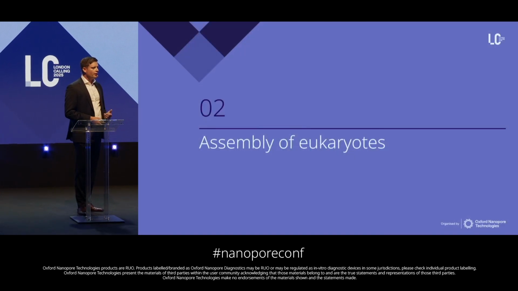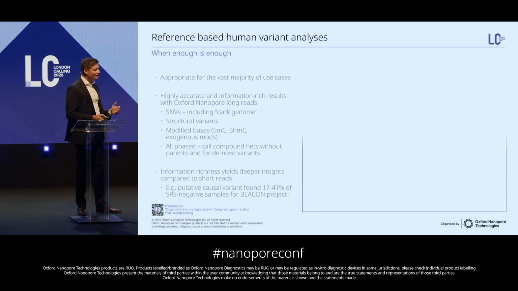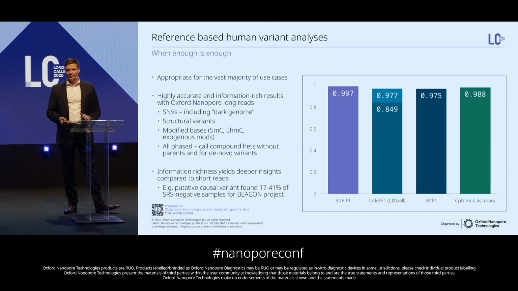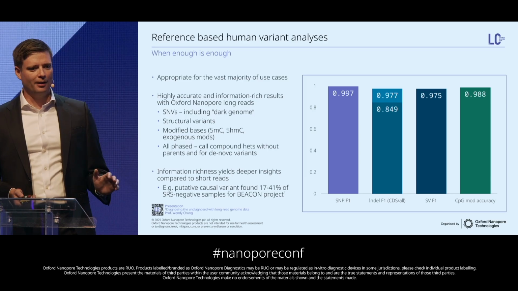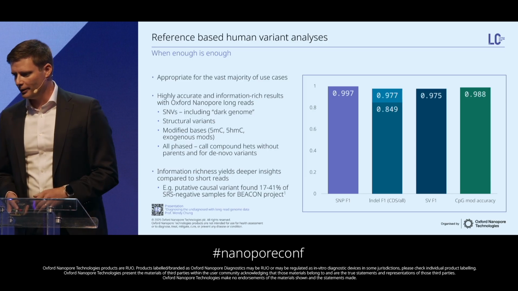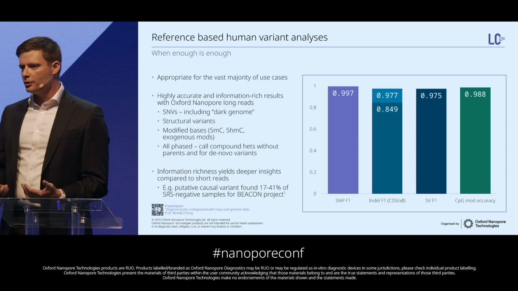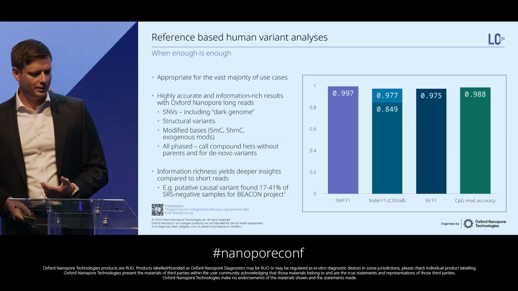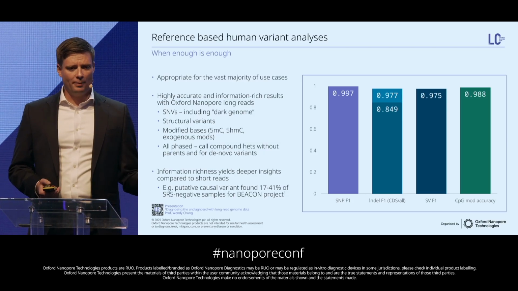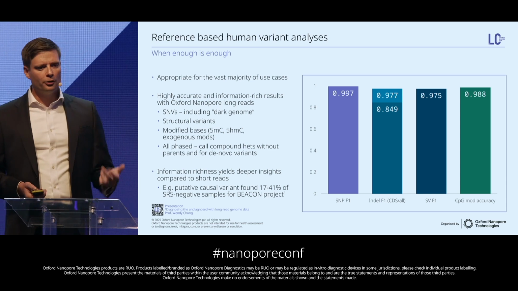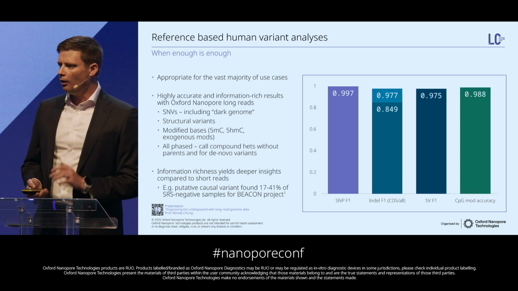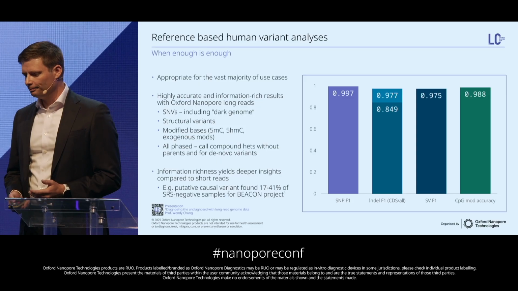Turning to eukaryotes. Now, I'm about to get really excited about human de novo assembly, so I want to start with a slide that caveats that most of the time you do not need de novo assembly. Our alignment-based approaches, like you can get with our WF human variation pipeline from our epitome team, are extremely powerful, providing you small nucleotide variants, structural variants, and mod frequencies, all phasable to local haplotypes.